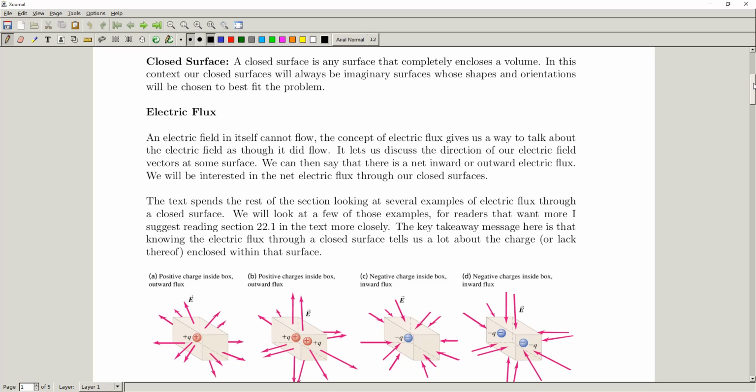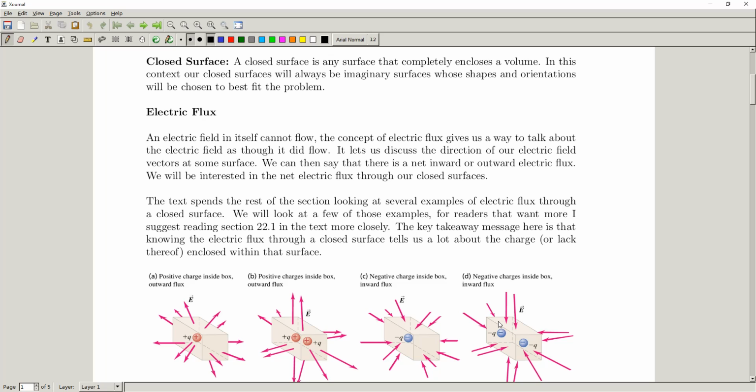And so the electric field itself can't flow, but the concept of electric flux gives us a way to talk about the electric field as though it did flow. And this is going to be useful to us. We're going to want to discuss the direction of our electric field vectors on some surface, on our enclosed surfaces, really.